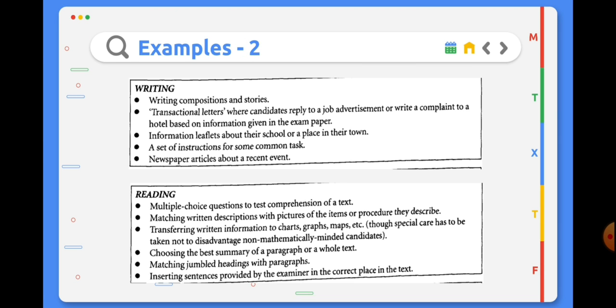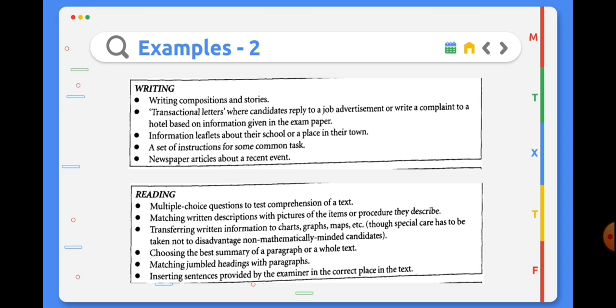The next example is in writing and reading tests. You can see here some examples of writing tests, such as writing compositions and stories, transactional letters, information leaflets, a set of instructions for some common task, and newspaper articles about a recent event.